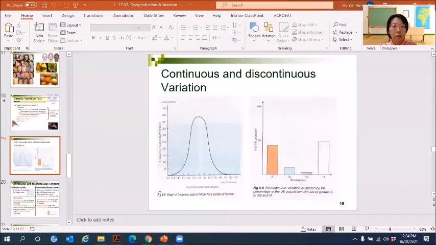So let me write here so that you know very well. This is a quantitative phenotypic variation, and the other one is a qualitative variation. So straight away you know which is continuous, which is discontinuous. Quantitative is continuous, qualitative is discontinuous.